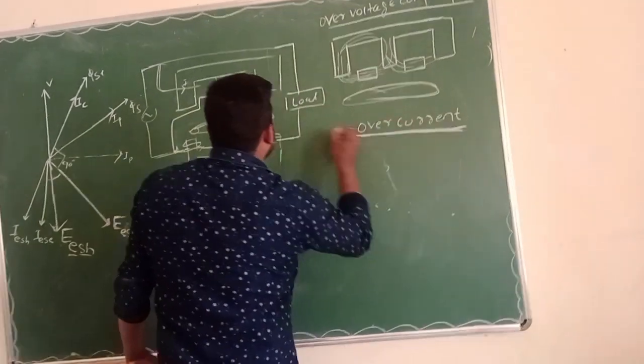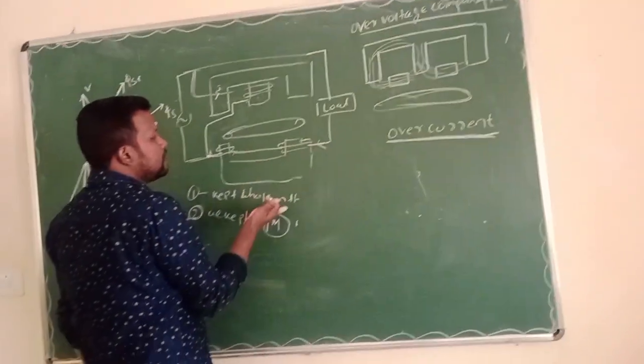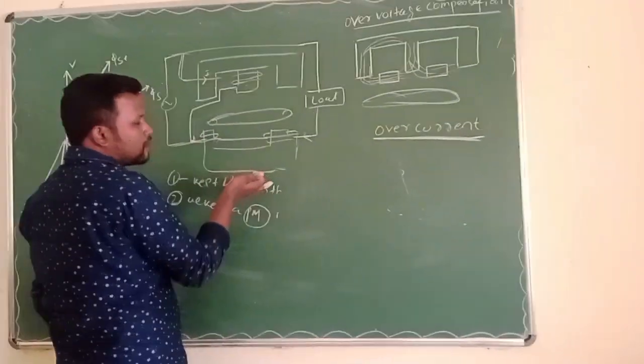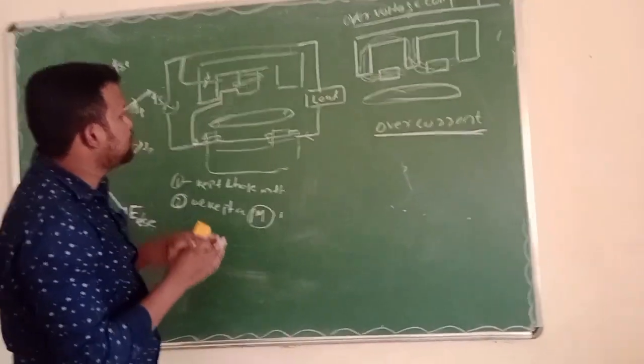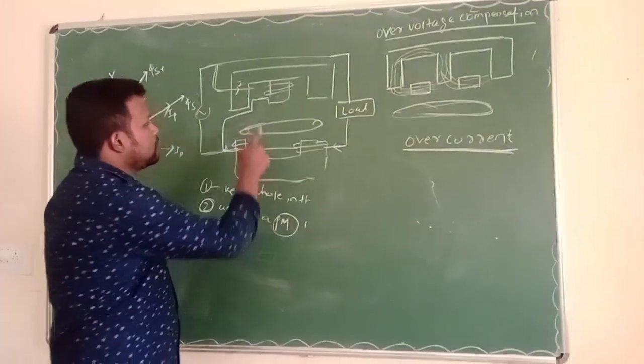How? Due to the overcurrent, the current will be more and the flux set up will be more. This much more flux impacts the aluminum disc.